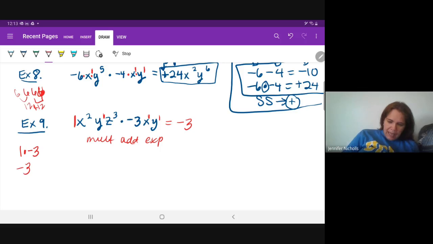And then when you add the exponents on the x's, what do we get? Three. And then look at the y's. So we're going to look at the y exponents. What do you think about the y exponents? 2? I agree.